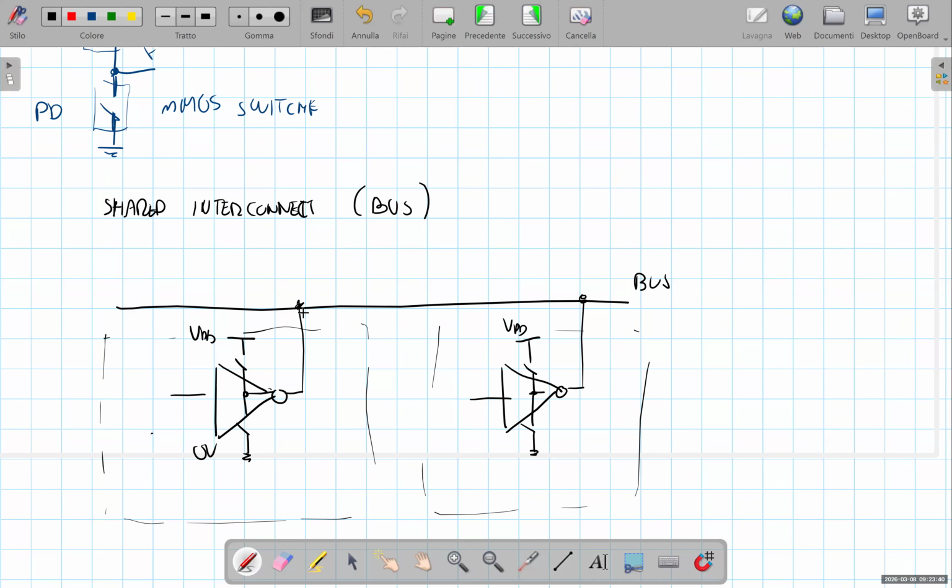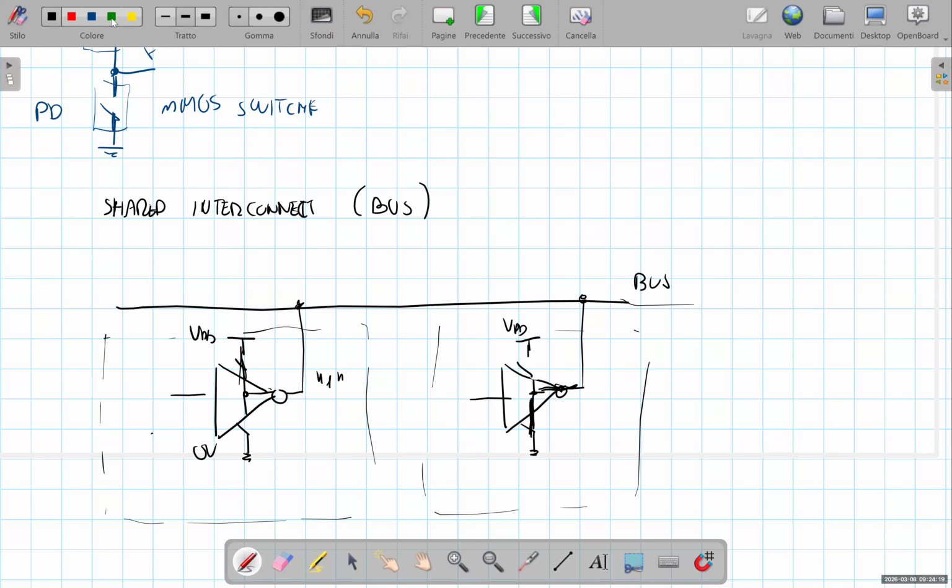Basically, if both the outputs connected to the same shared interconnect are consistent in terms of output logic level, so for instance, if we have 1 and 1 like this, there is no problem. But suppose that the first gate forces the output high and the second one forces the output low, so the pull-down is on.